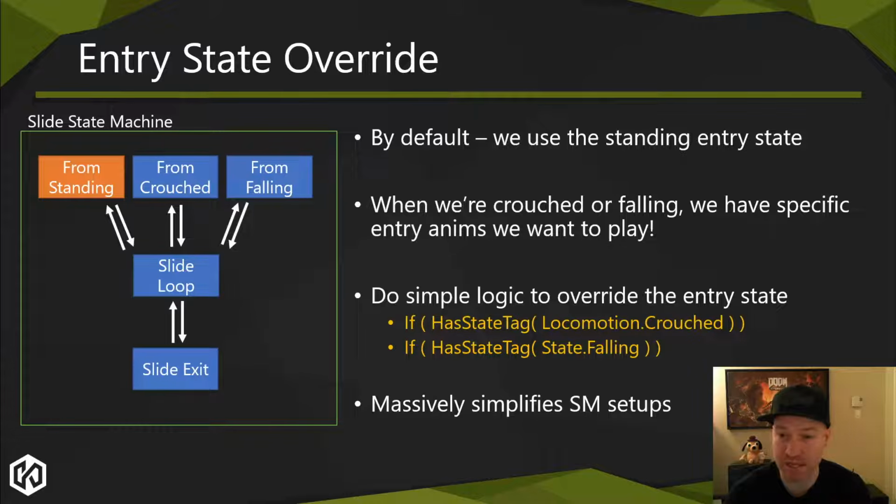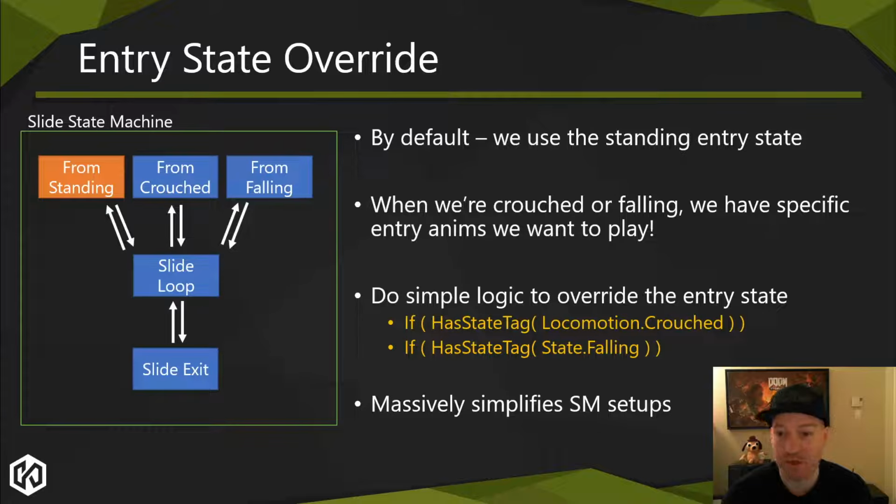If I was coming from a standing state, I would go into standing. If I was coming from crouch, I'd go into crouched. If I was currently falling, I would go directly into the falling state. And we would cover simple logic like, hey, if I have a specific state tag or whatever else, I can basically say go into a specific state.